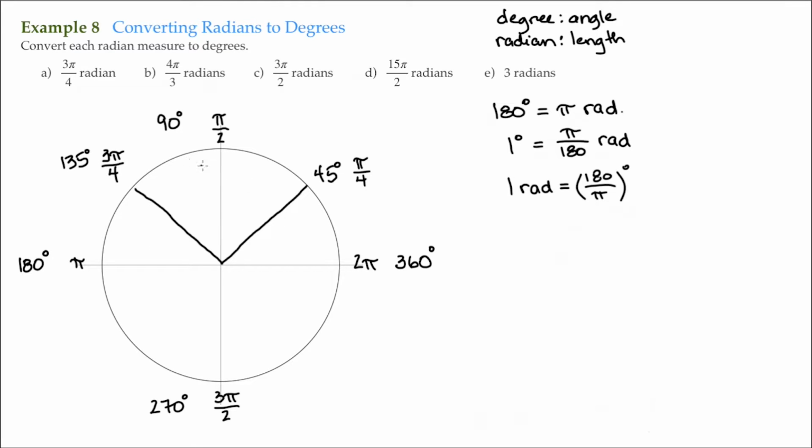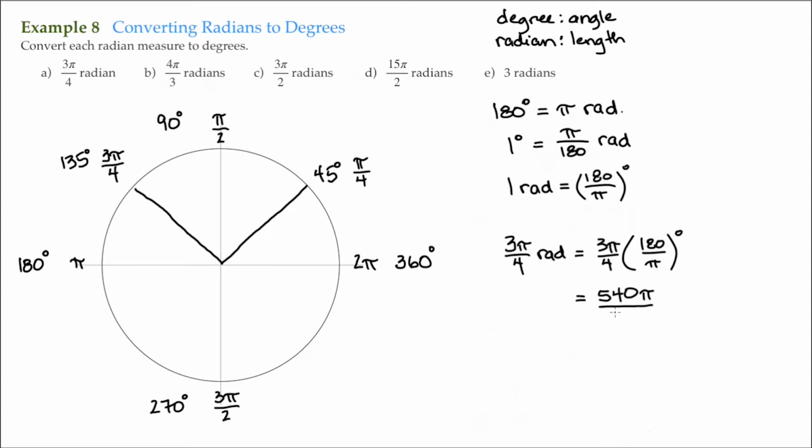And we just used our unit circle to do it. But we'll go ahead and use the equation here. We'll do it mathematically, algebraically. So 3 pi over 4 radian is going to be equal to 3 pi over 4 times 180 over pi degrees. 3 pi times 180, that's 540 pi.